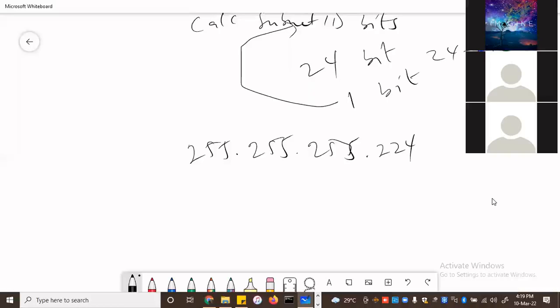So in this case, the question for this one would be, you have subnet ID bits of, let me get my calculation right before I put the number up there, so I don't confuse anybody.